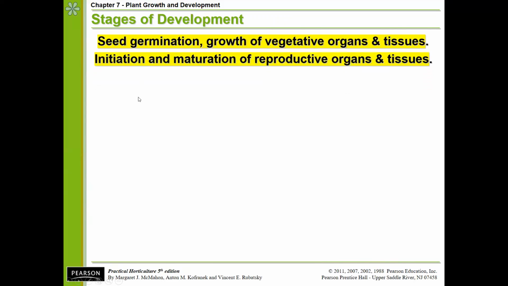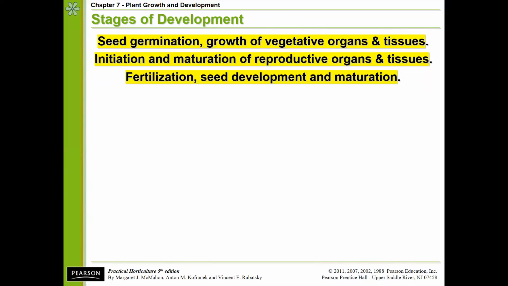As the plant begins to grow vegetatively, it will at some point begin to switch over and initiate and then mature to where it can actually produce its reproductive organs and tissues. It's often flowers and seeds.